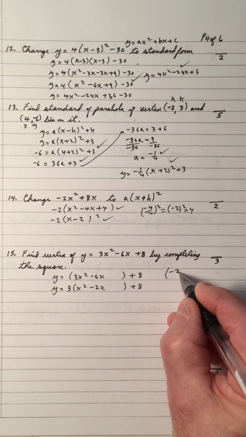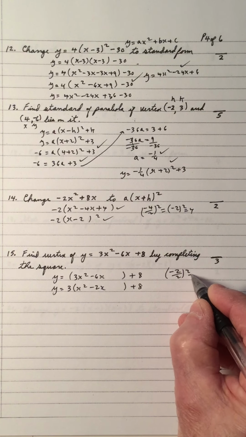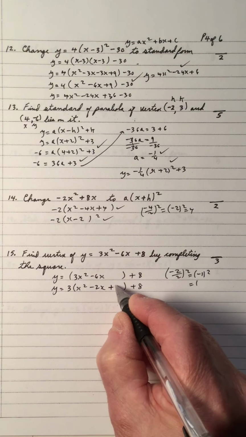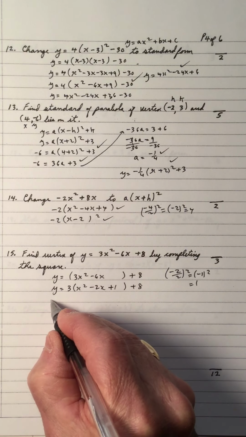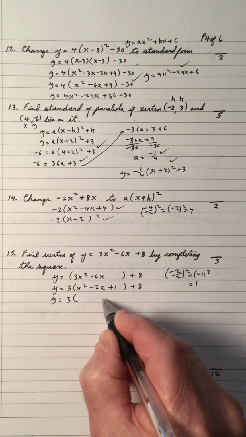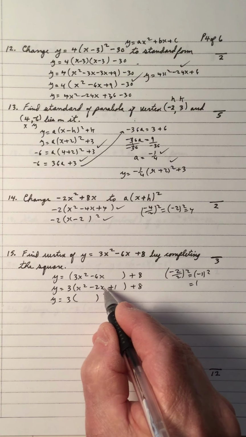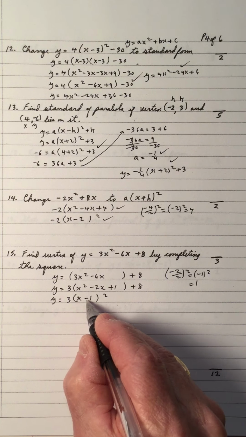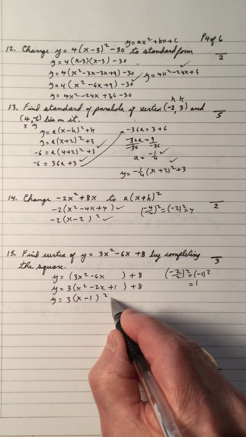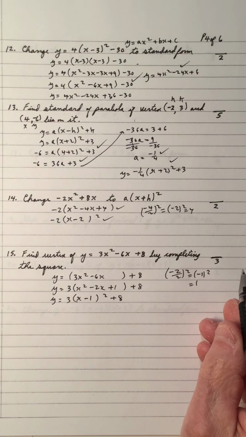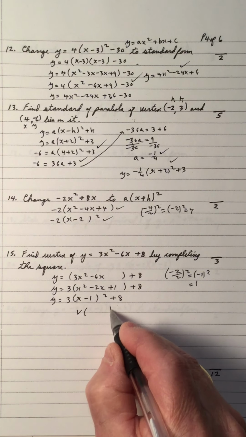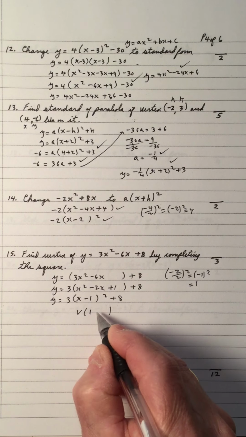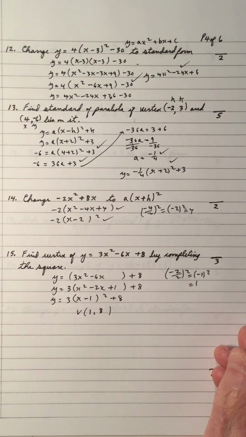So we have a -2 divided by 2 squared. We have a -1 squared, which is 1. So that's a +1. Makes that a perfect square trinomial, which we can factor. x squared is an x. Half of -2 is a -1. So (x minus 1) all squared is this trinomial. So the vertex of this parabola is, take the opposite of x minus 1, which is a +1, and 8.